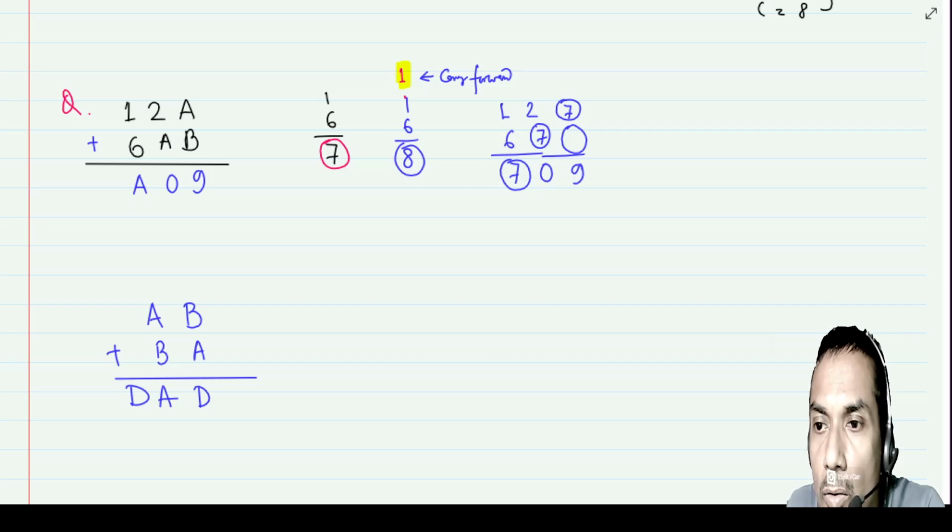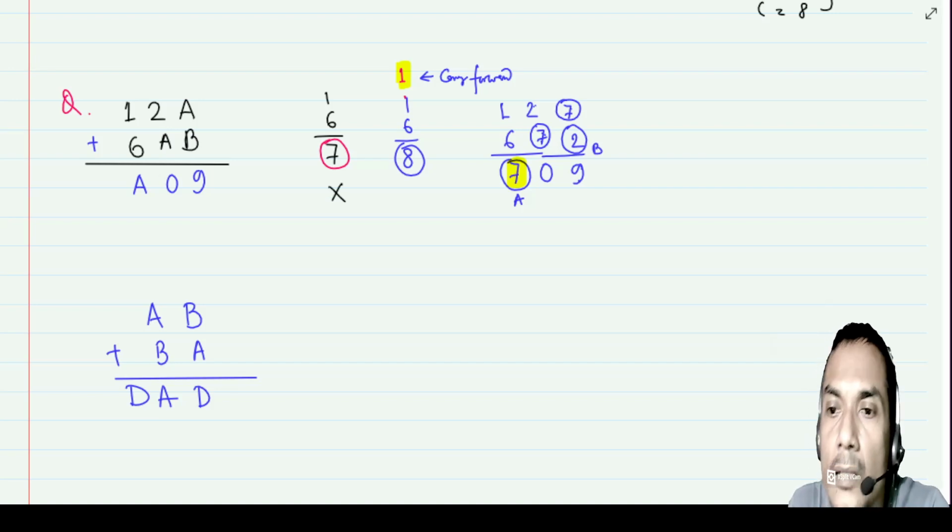So from where do we get the 9? If we add 2. Okay, clear? So this is the value of A and this is the value of B. Now the problem is that 7 plus 2 is 9, but it should be 0. So 7 plus 2 is not 0, it is 9. So it is not correct. So whatever we choose, 7 is not correct. It is okay. This is not correct.